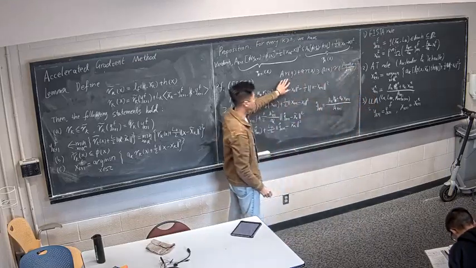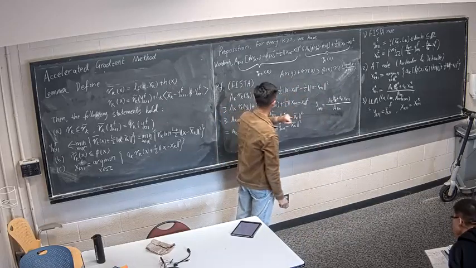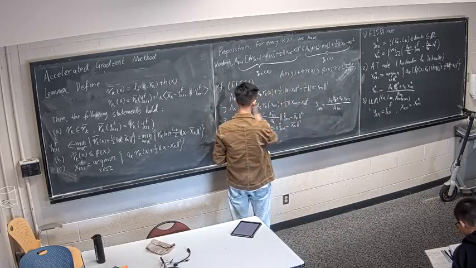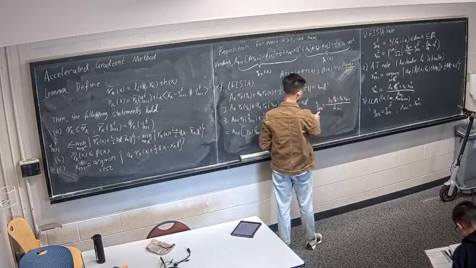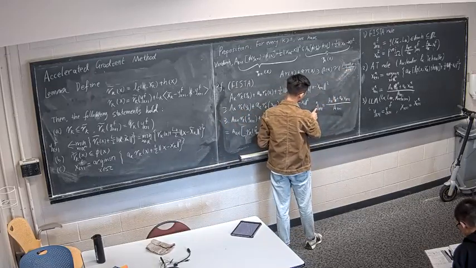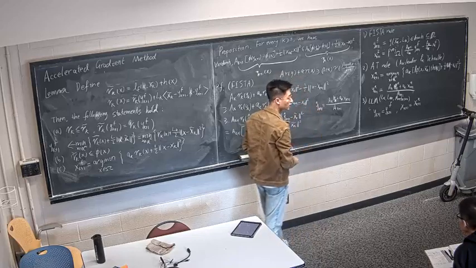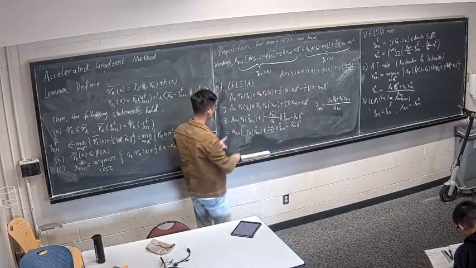This is by convexity. And y is y_k, x is x_{k+1}. And here, this is a convex combination that we denote by y hat_{k+1}. Right, so we have the first part.